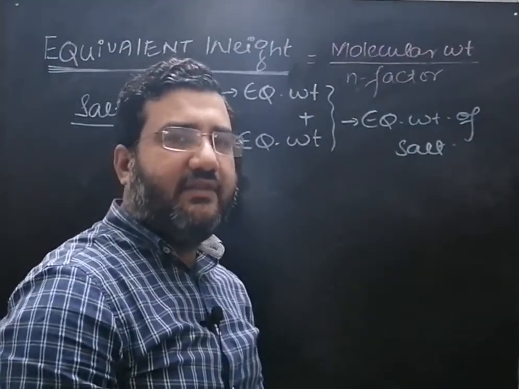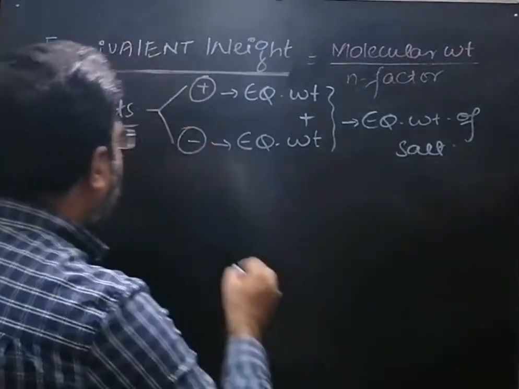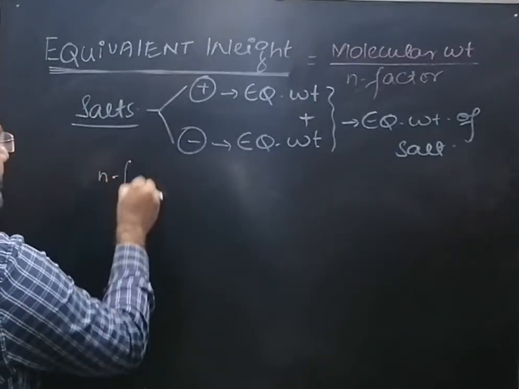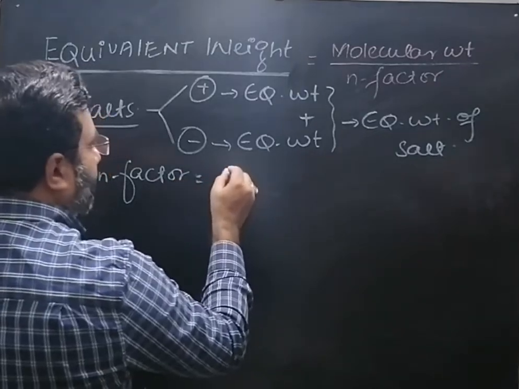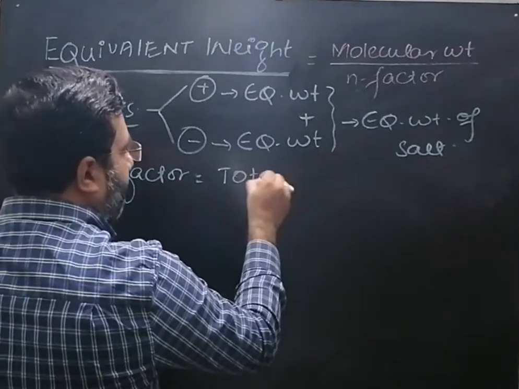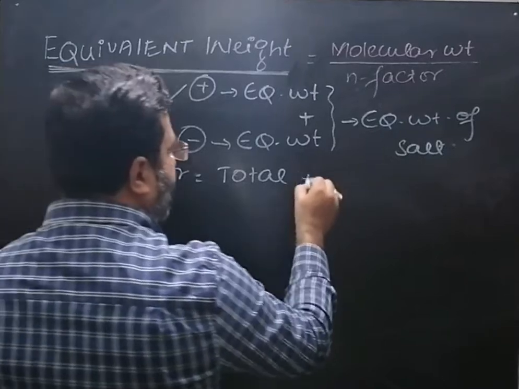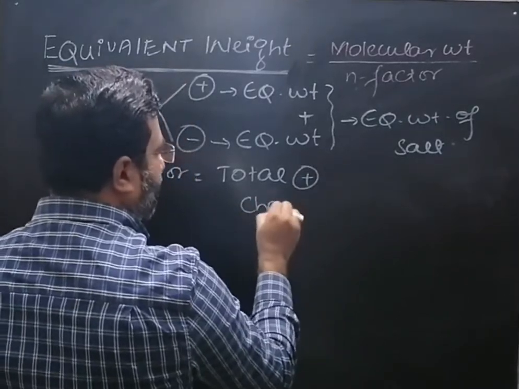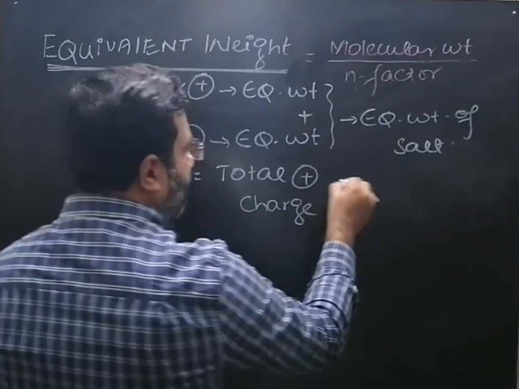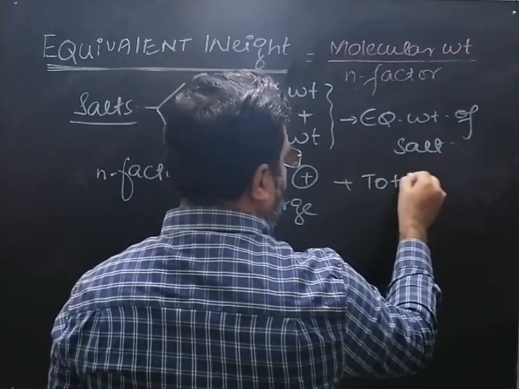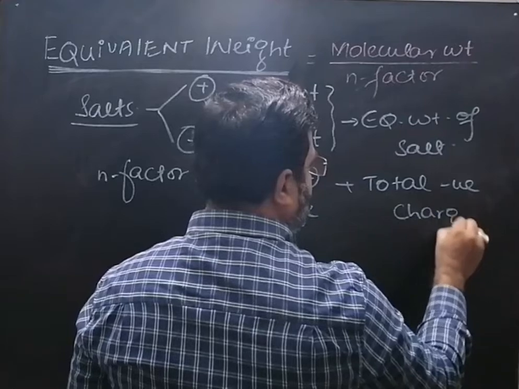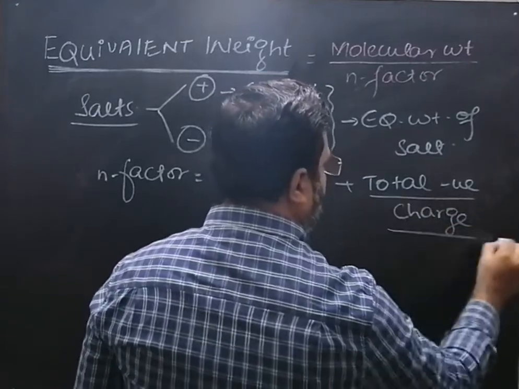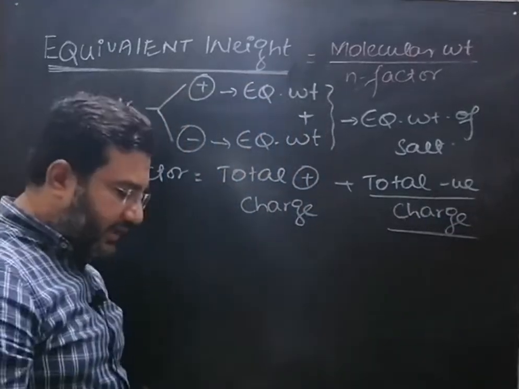Now what is the second way to find the equivalent weight of a salt? That is to calculate its N factor. The N factor is equal to total positive charge, or total negative charge.